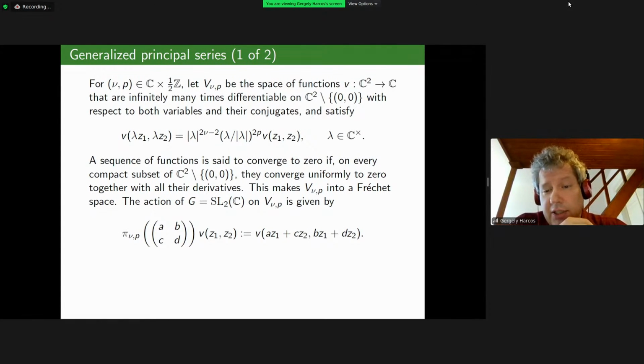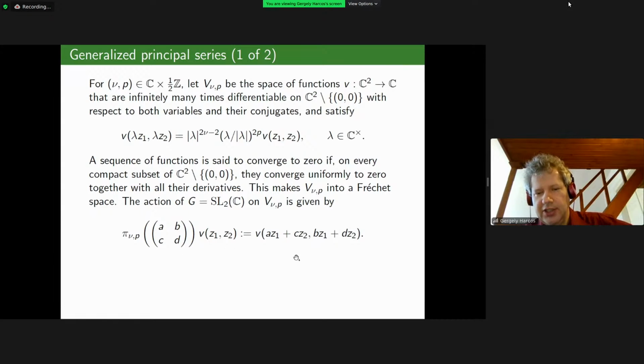So this makes the space into a Frechet space, which is not too far from being a Banach space or a Hilbert space. And so you don't need to really remember any of this, just note that there is a natural topological vector space on which the group SL2C acts in a very natural fashion.